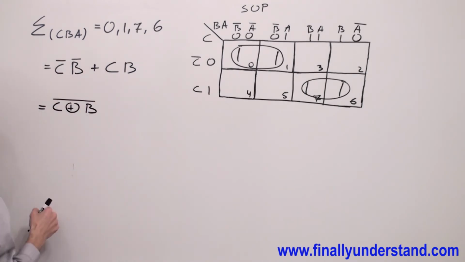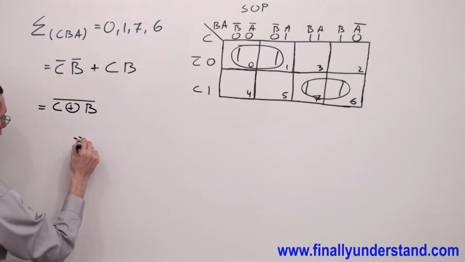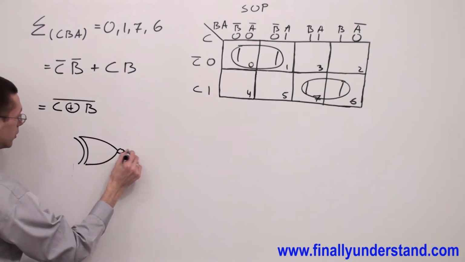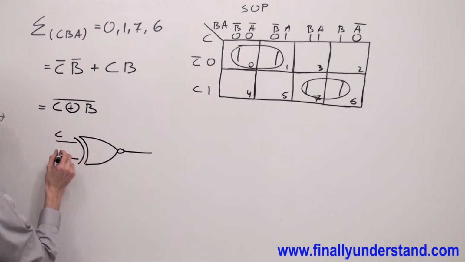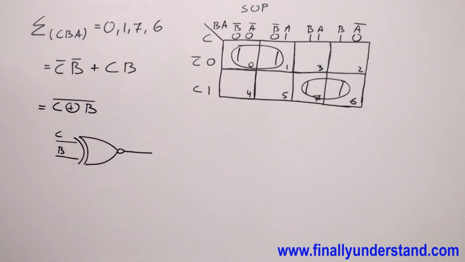This one is going to need just one gate. If you want to implement it, you're supposed to just draw an exclusive NOR gate with inputs C and B. These are the solutions to my problem.